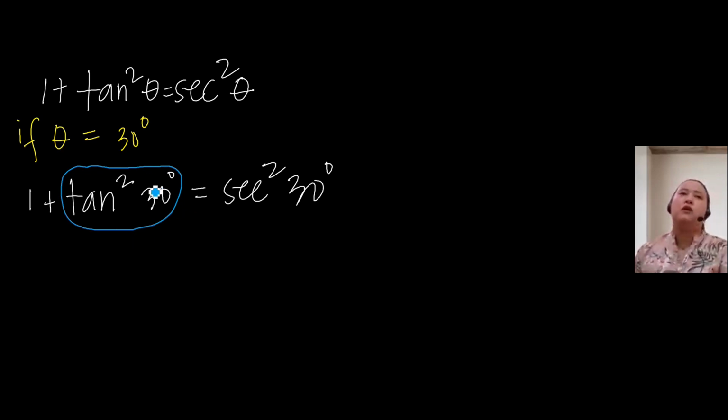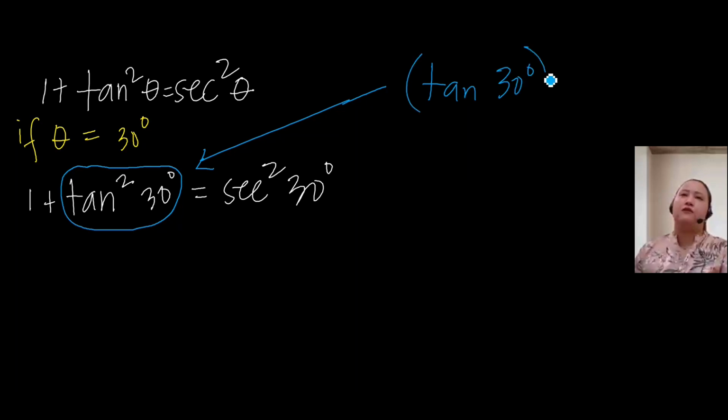The tangent squared 30 degrees is equivalent to inputting tangent of 30 degrees, then squaring it.